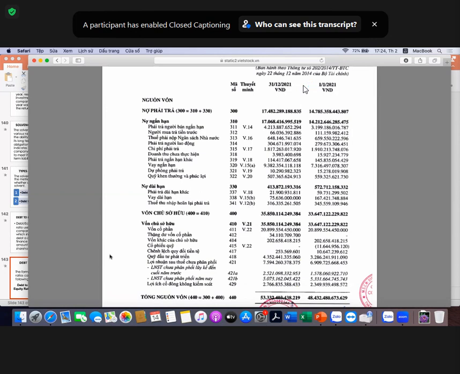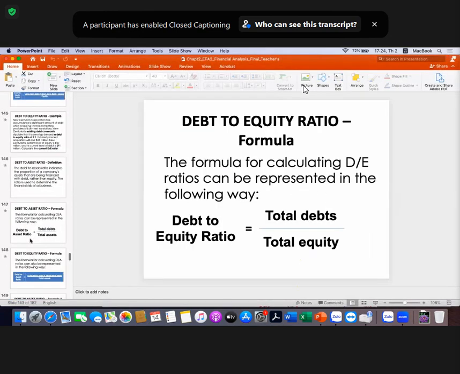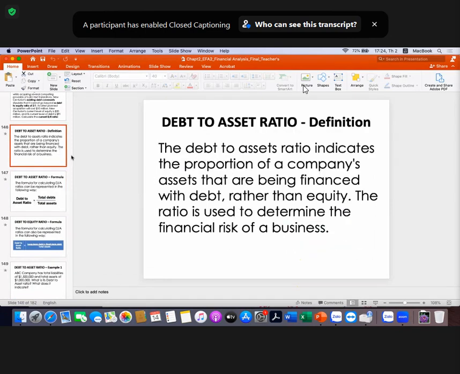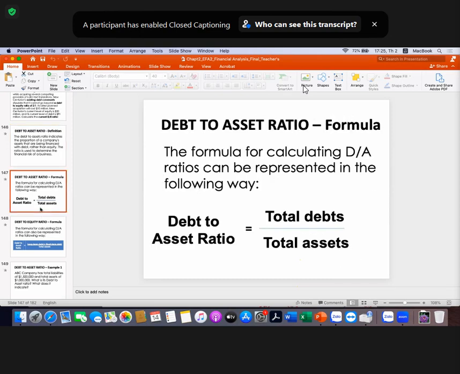And the last is the debt to assets ratio. The debt to assets ratio indicates the proportion of a company's assets that are being financed with debts rather than equity. So the ratio is used to determine the financial risk of a business. It is calculated by taking the total debt divided by the total assets.